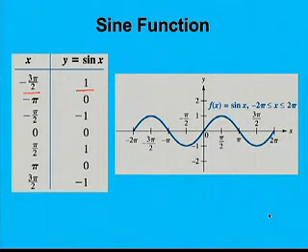So if we look along the x-axis and then go up to positive 1, we see negative 3 pi over 2, comma 1 would be right here. Negative pi, comma 0. Negative pi over 2 is right here at negative 1. We're going to pass through 0, 0. Pi over 2, comma 1. Pi, comma 0. And then we have 3 pi over 2, comma negative 1.